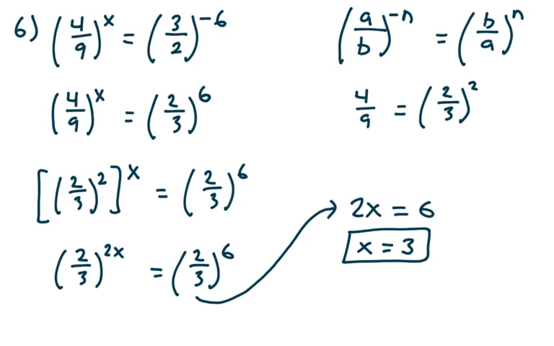So let's take a look at example 7. Suppose I had 7 to the 5x over 2 is equal to the 5th root of 343.